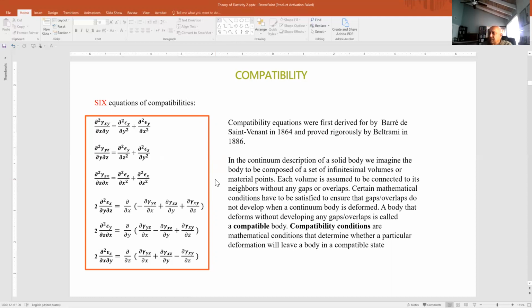As I've mentioned, these equations were first introduced by Barré de Saint-Venant in 1864, over 150 years ago, perhaps. That's why we have many theorems named after Saint-Venant.